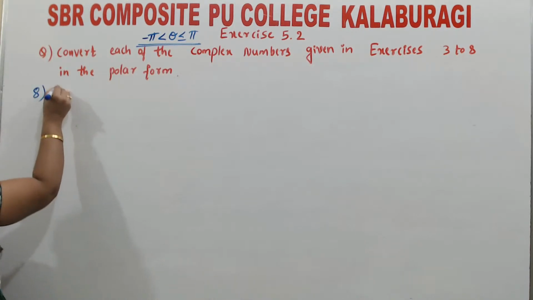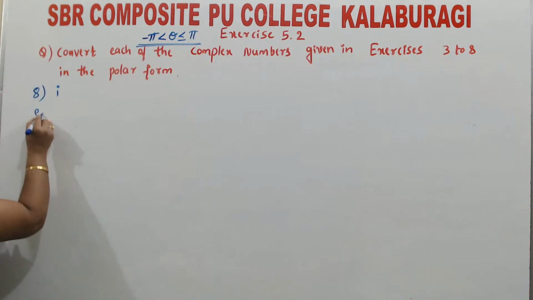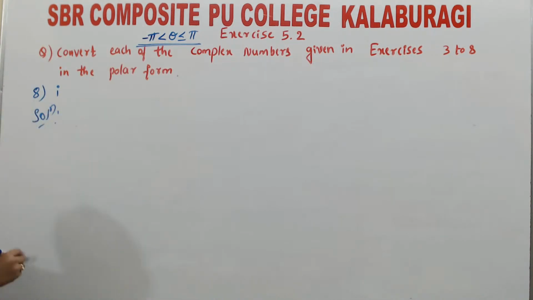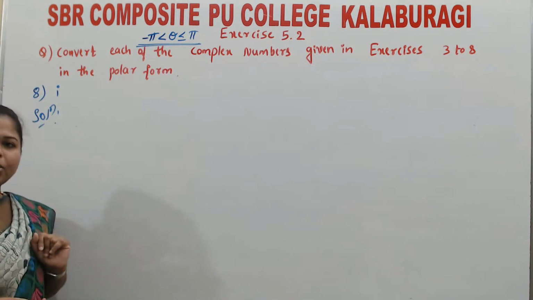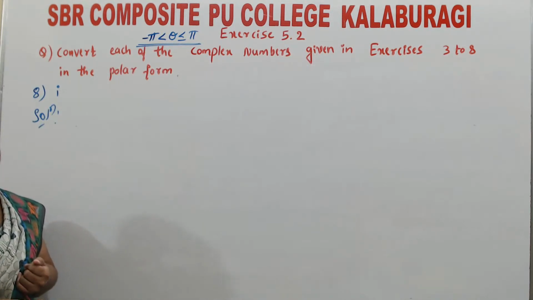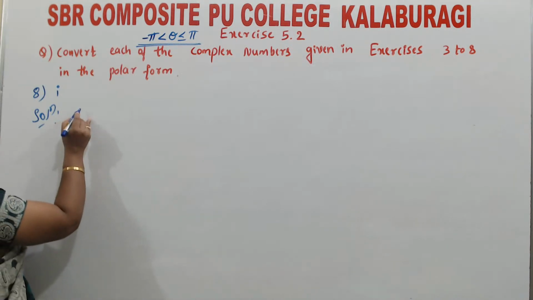I is nothing but the imaginary axis. The real part is not there. Only the imaginary part is given, right? How do we write this given complex number?